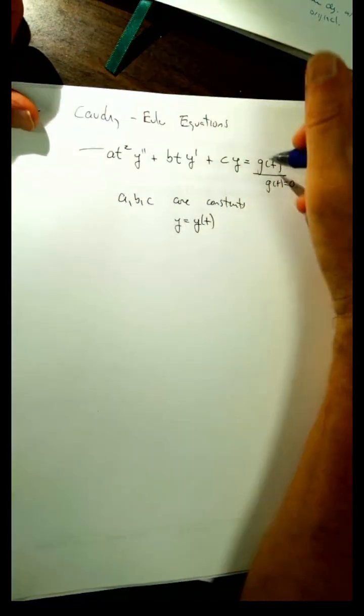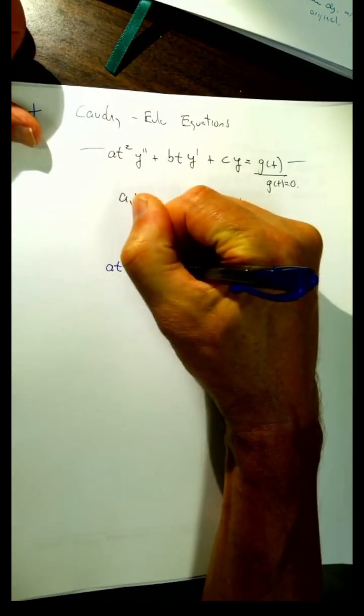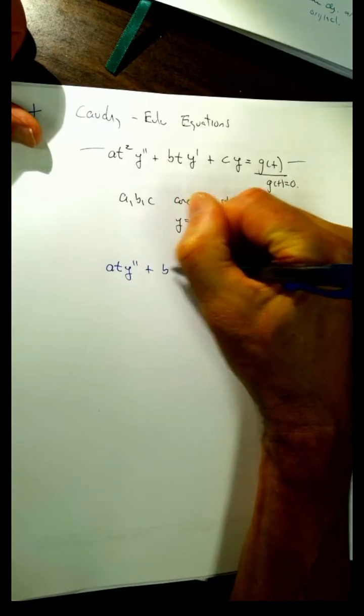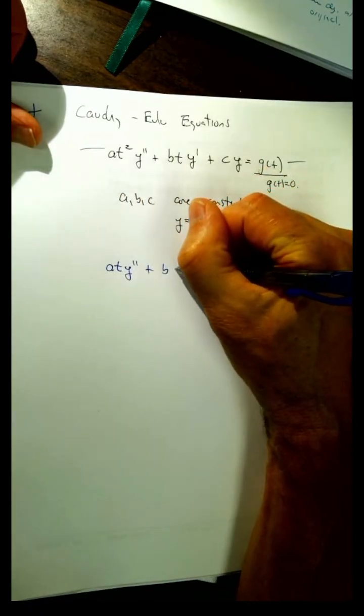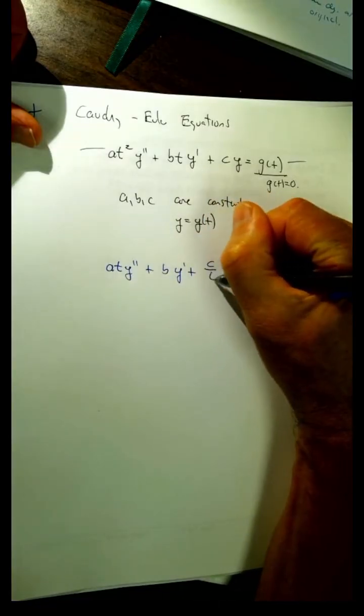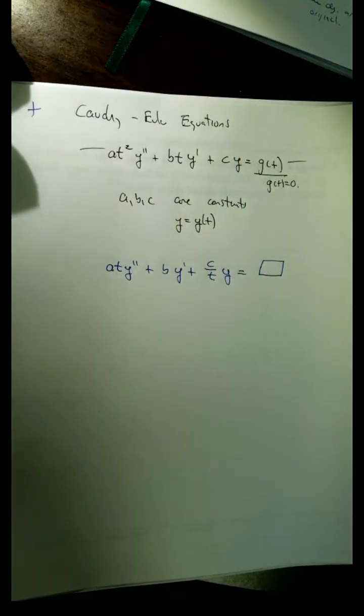Now, one thing that's going to be a little confusing is that you rarely see these equations in this form in practice. When they come up, they're often in the form of a y double prime plus b over t y prime plus c over t squared y is equal to some function.